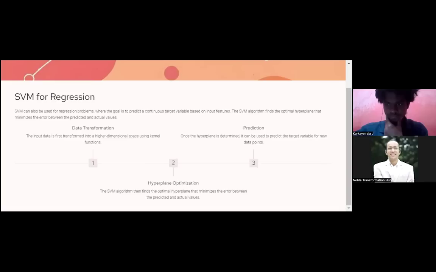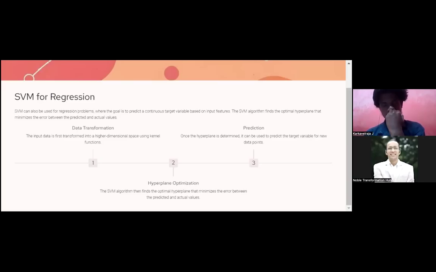Then hyperplane optimization: the SVM algorithm finds the optimal hyperplane that minimizes the error between predicted and actual. That is very important, because that is why the performance will be good.